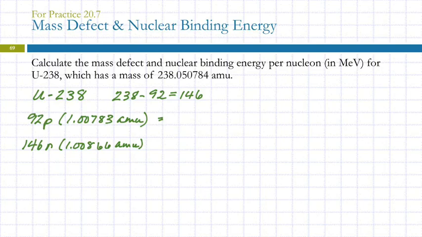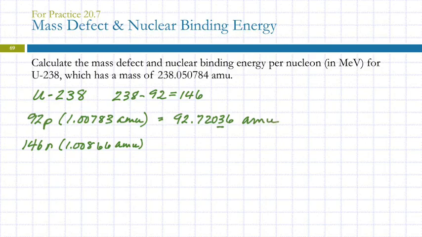92 times 1.00783 is 92.72036 atomic mass units.